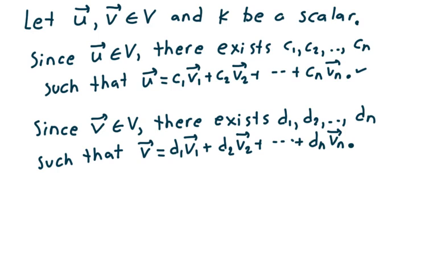And since v belongs to V, there exist scalars d1, d2 through dn such that v equals d1v1 plus d2v2 plus ... plus dnvn. So I can write u as a linear combination of the vectors in S, and I can write v as a linear combination of the vectors in S.